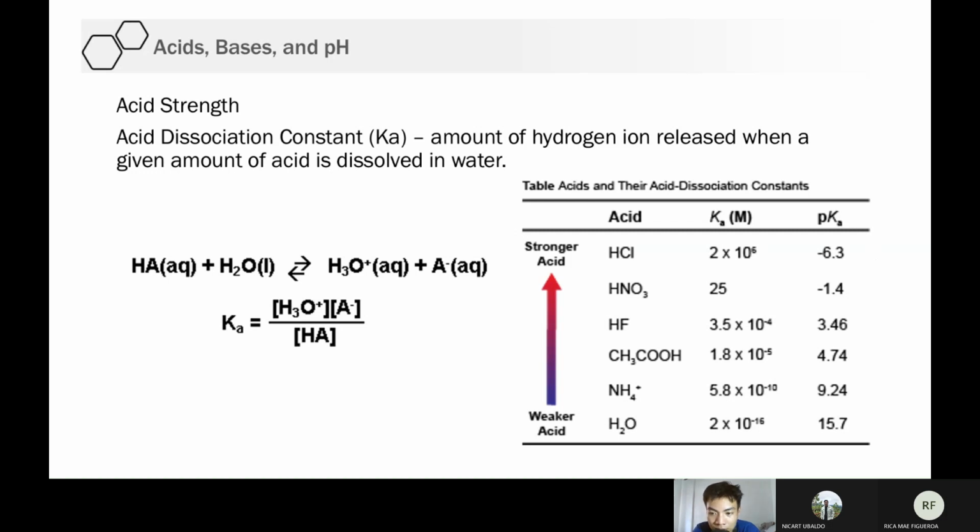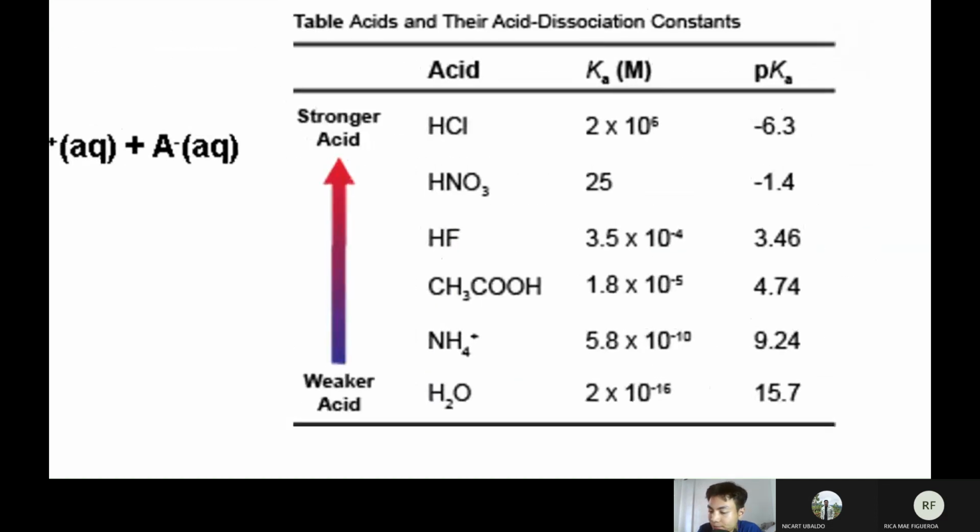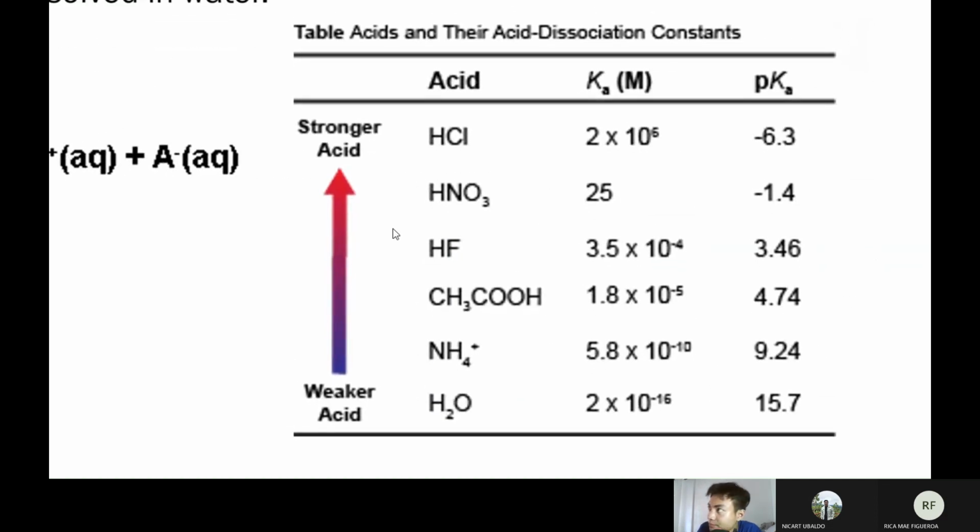Malakas yung acid kapag napapamigay niya agad yung H niya, yung hydrogen. Pero if hindi niya napapamigay, ibig sabihin, weak acid siya.